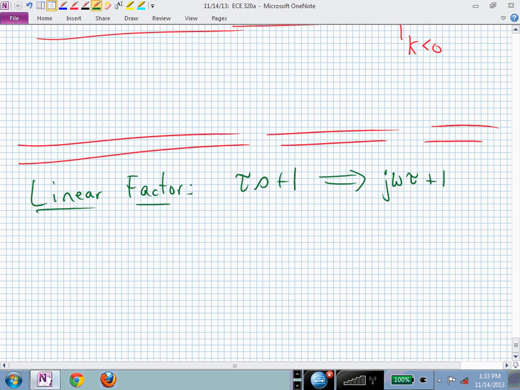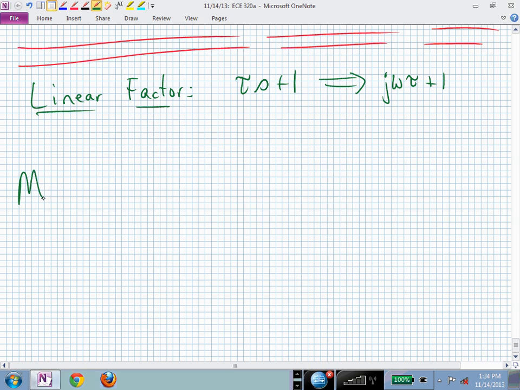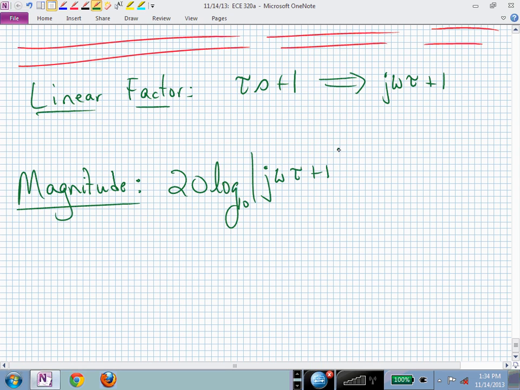Look at the magnitude of this linear factor. The magnitude in dB is 20 log base 10 of the magnitude of this complex number, which will be a function of frequency, isn't it? Omega.